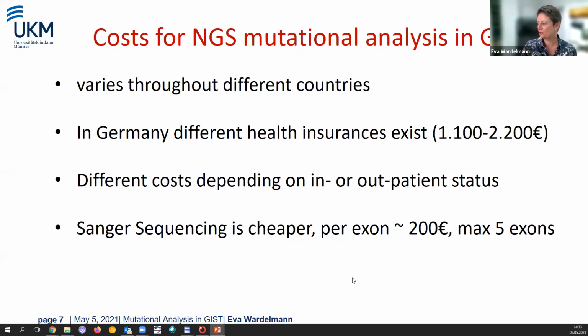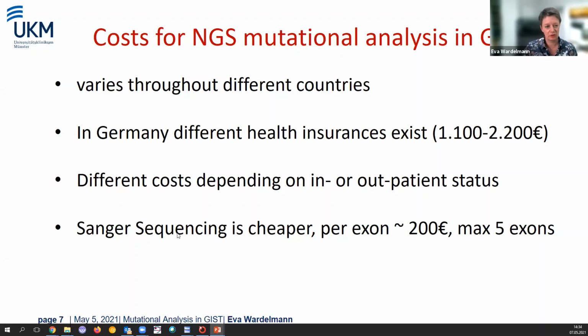So I tried to give you just an impression, which is absolutely not exact, that due to the different health systems and insurances, the cost for such an NGS analysis in our country is something between 1,100 and 2,200 euros. And it also depends on whether you're in a hospital or in an ambulant practice, a practical doctors' department, because this makes a difference for how it is billed.